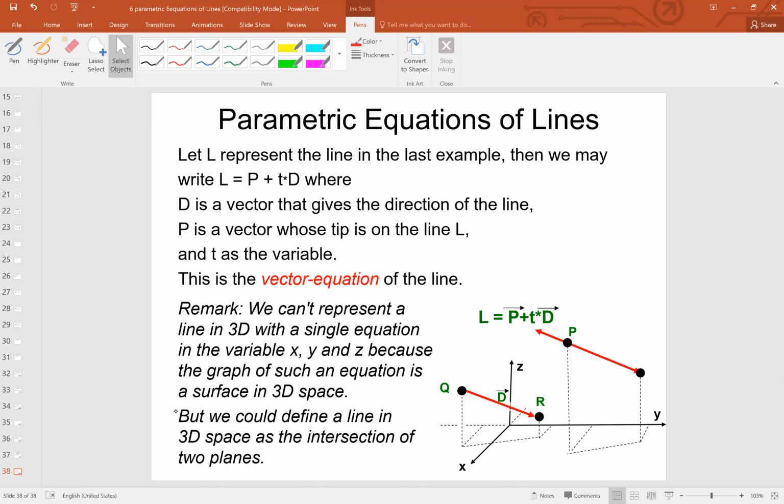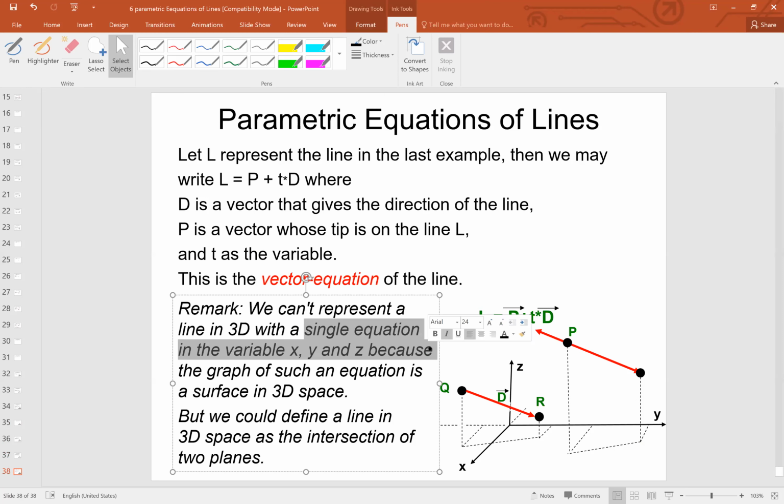In three-dimensional space, I cannot write a single equation in x, y, z to describe the line, because if I plot the points of a single equation, they form a surface. There's not enough information to define the line itself.